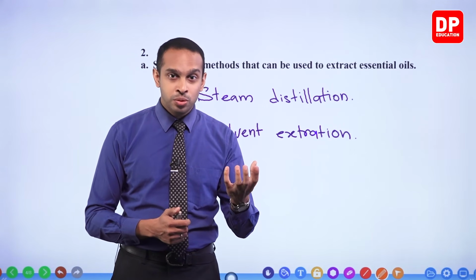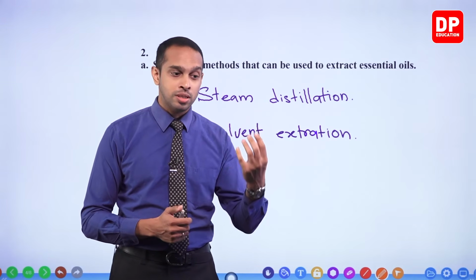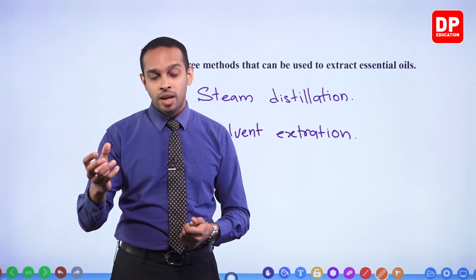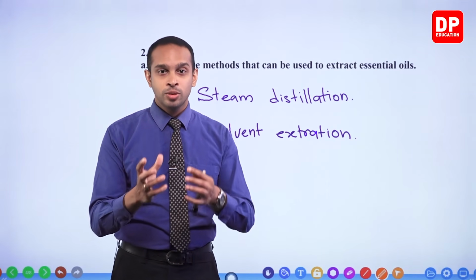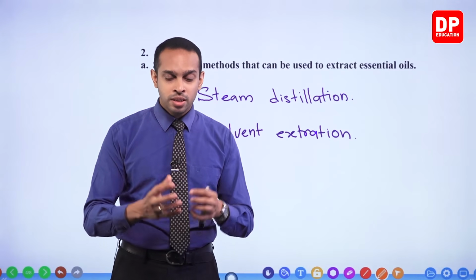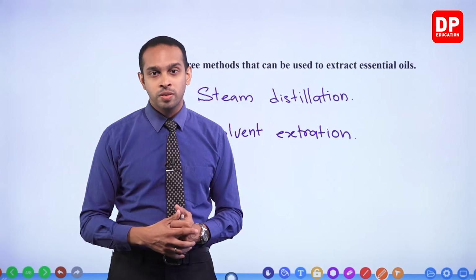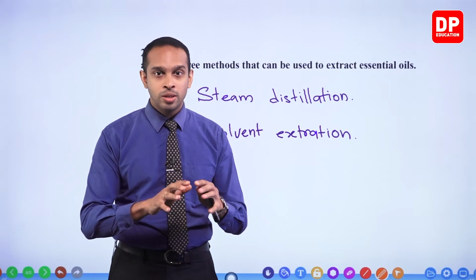Now students, to increase the efficiency of this extraction, or to increase the yield of this extraction, we can carry this extraction out multiple times so that the majority of the essential oil is removed from the plant material into the solvent, and then we remove the solvent by evaporating it, allowing only the essential oil to remain.